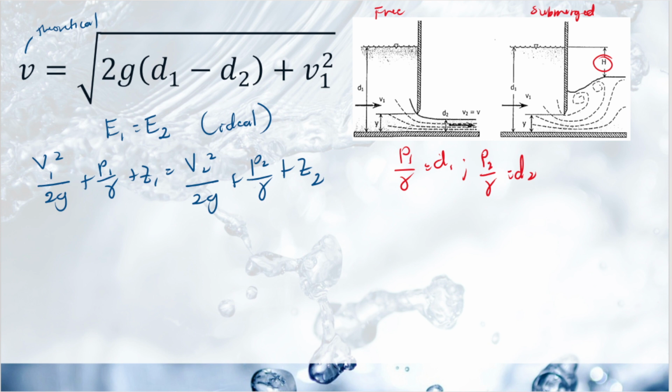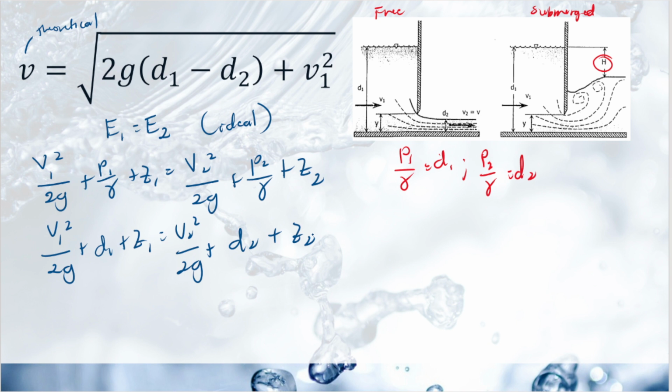By substituting this into the Bernoulli's energy equation, it becomes V sub 1 squared over 2g plus D sub 1 plus Z sub 1 is equal to V sub 2 squared over 2g plus D sub 2 plus Z sub 2.